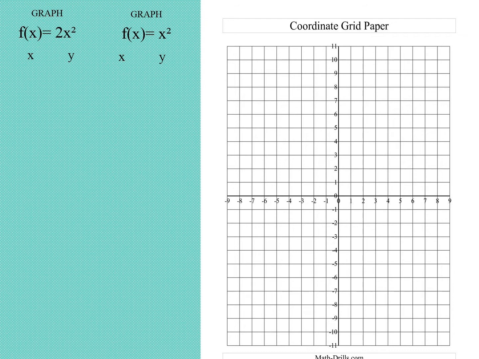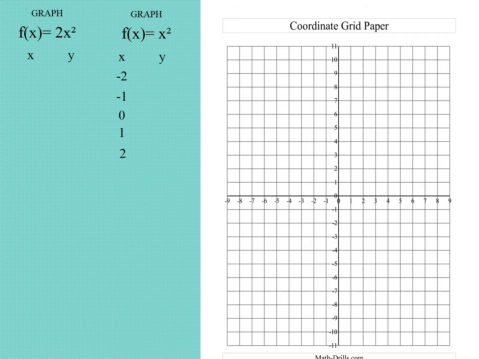So, we will first let x be negative 2, negative 1, 0, positive 1, and positive 2 so we can get the value of y.